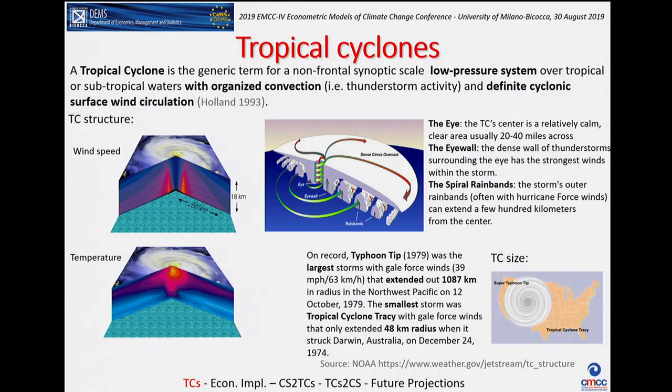The biggest one was Typhoon Tip in 1979, it was 2,000 kilometers wide. It was really huge. You can see that in a few days, this kind of structure can span the entire US continent, just to give you an idea of the dimension. So we are talking about something that is really huge.